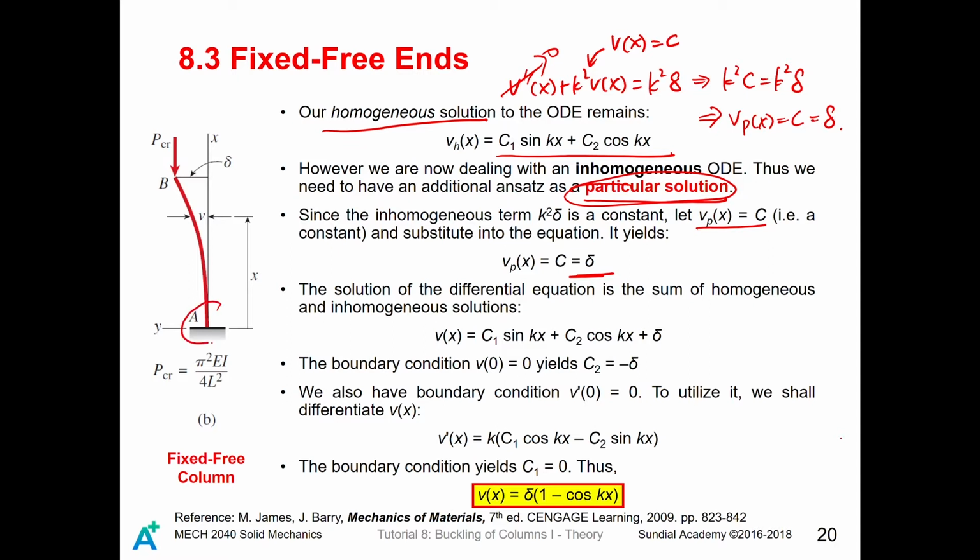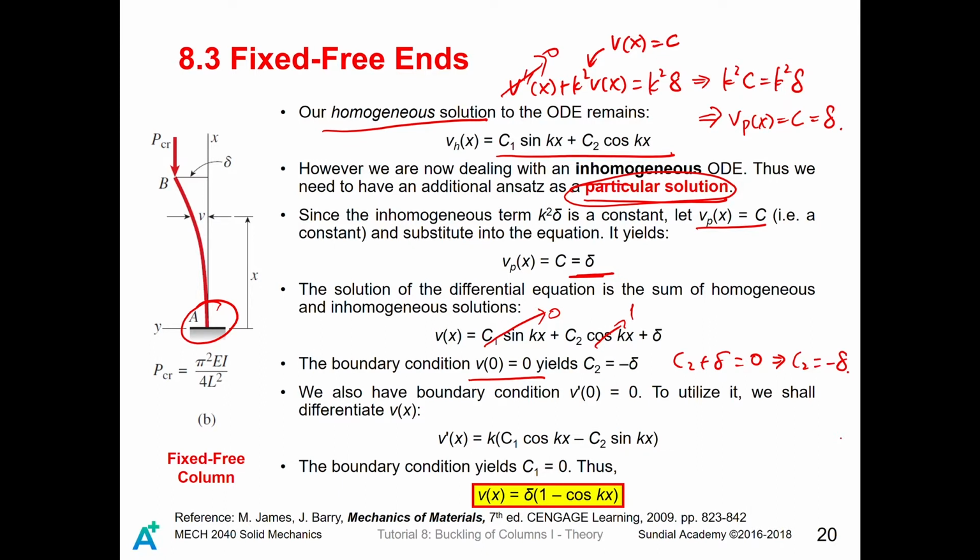At the fixed end, we have V0 equals 0, which means that when x equals 0, C1 disappears, and we have C2 times cosine 0, which is 1. Then this boundary condition gives you C2 plus delta equals 0, which means that C2 equals minus delta.